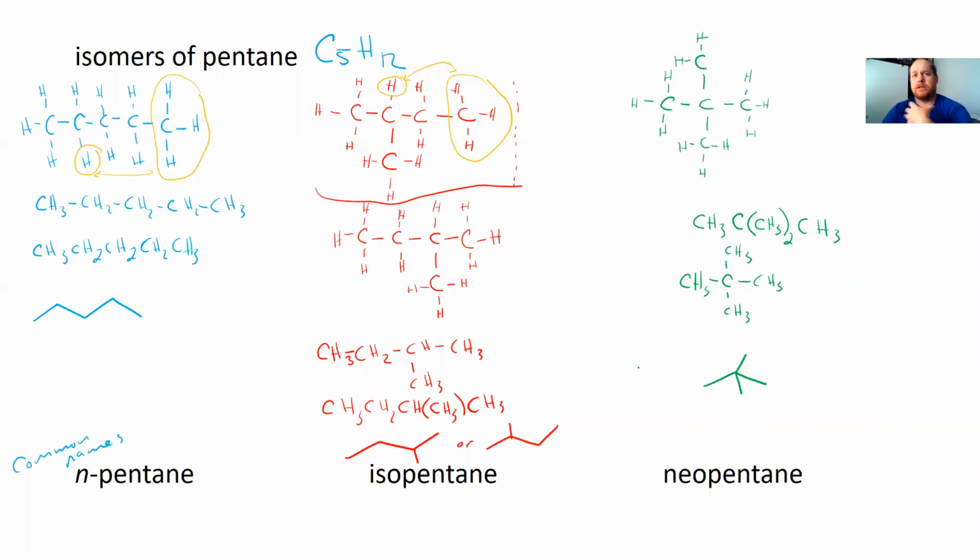Now, before we move on and start to do naming, I do want to go back and illustrate one more issue with how we draw out the Lewis structures, with the understanding that Lewis structures don't show us shape, they just show us what atoms are connected, even if we have orientations that differ of the whole molecule, where we flip the molecule around.